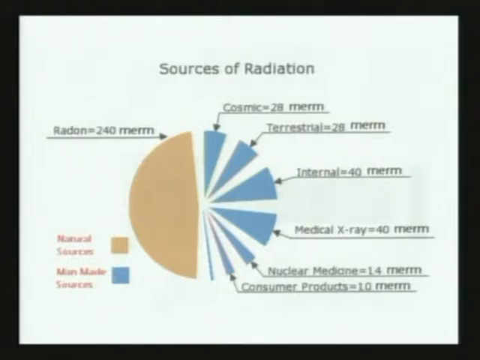But when we look at the exposures, you can see nuclear medicine, consumer products would be cell phones, medical x-rays, and that the earth produces quite a bit from outside. The cosmic forms, volcanoes going off in Italy, they produce. It's kind of funny, I was reading a little bit of information about the higher elevation that you are as well.